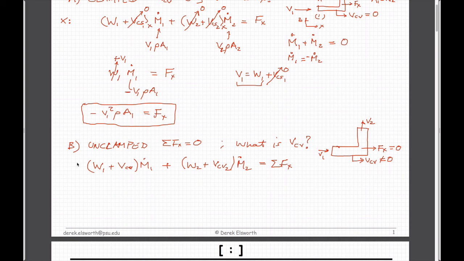We're resolving in x again, so each of these are relative to the x direction, and let's see what we can start throwing away. We've said we're not clamping it, we're allowing it to move. So by definition, this is equal to 0.